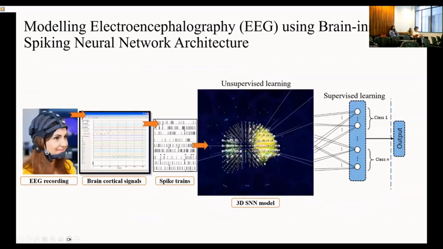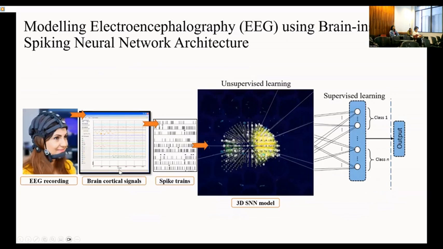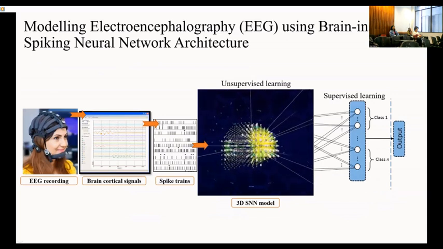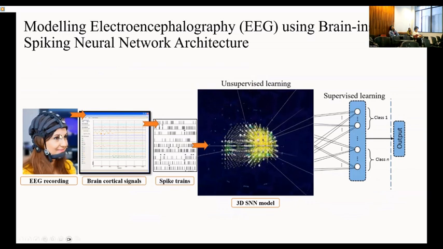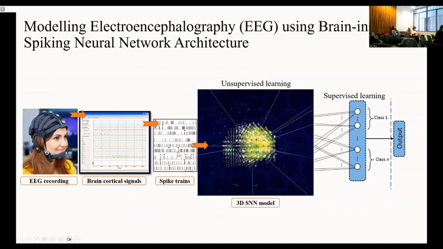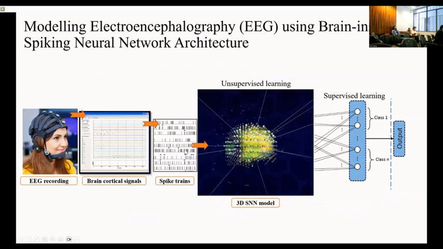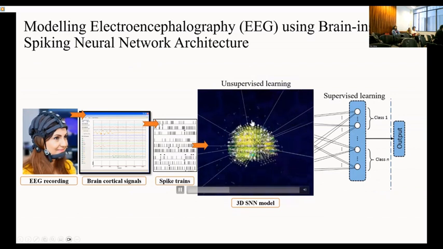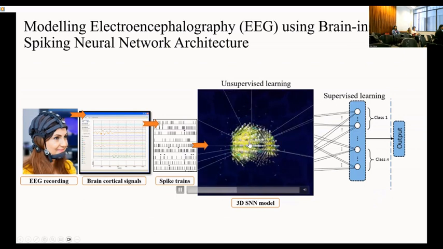And this picture also shows a simple architecture of using a spiky neural network for analysis of EEG data. So as you can see, we record EEG data and then we pass the signals to be converted to a sequence of spikes. Actually, that shows the significant changes of the data, and then we pass it to unsupervised learning, or a three-dimensional spiky neural network model, where you can see both space and time components are learned and trained together.